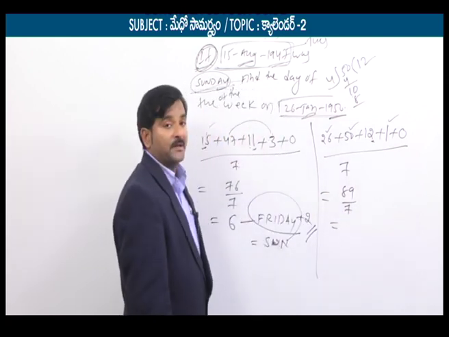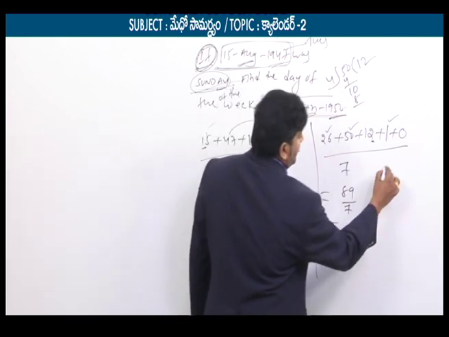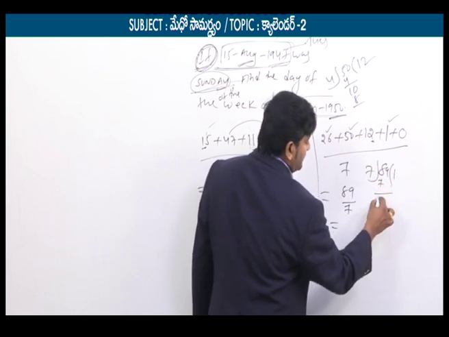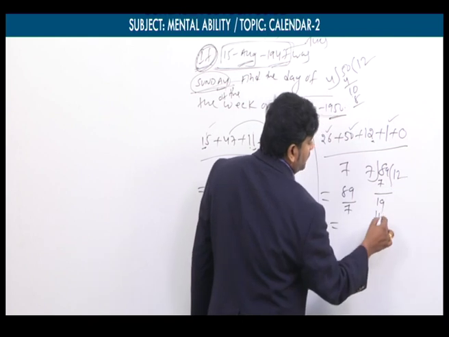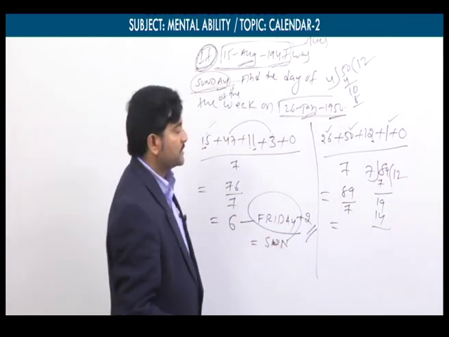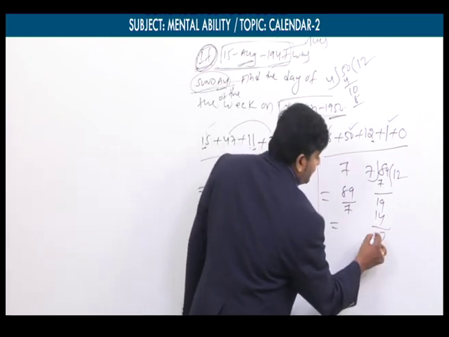I need to find the remainder. 89 divided by 7: 7 ones are 7, 1 left, 7 twos are 14. Here I need to focus on the remainder, not the quotient. How much am I getting as remainder here? 5.